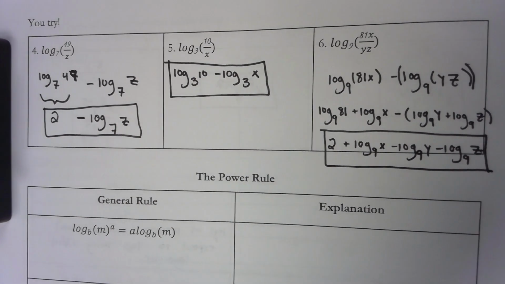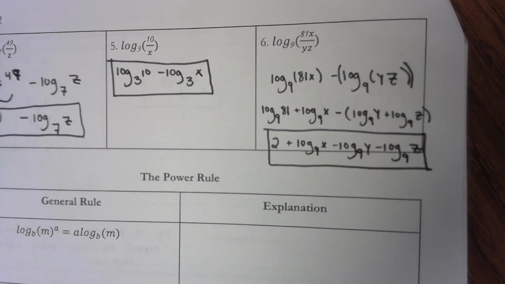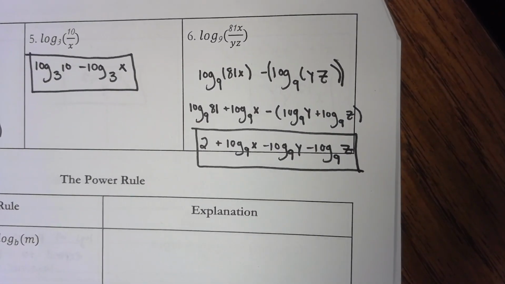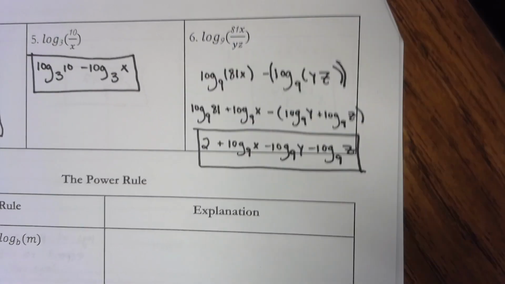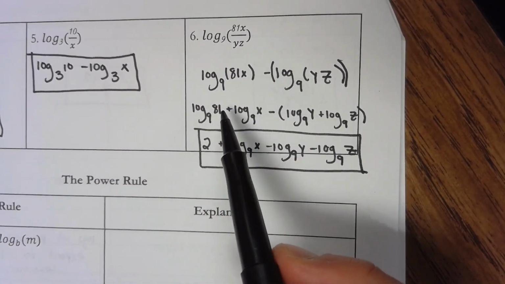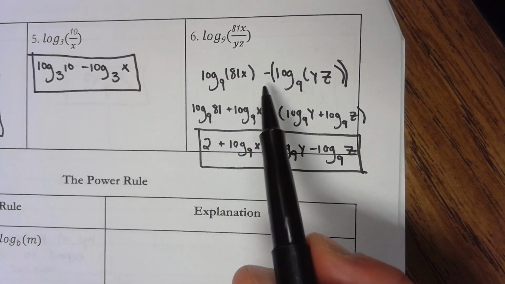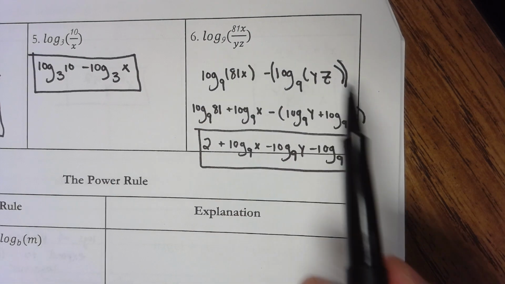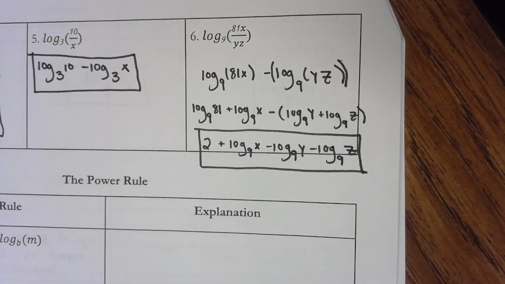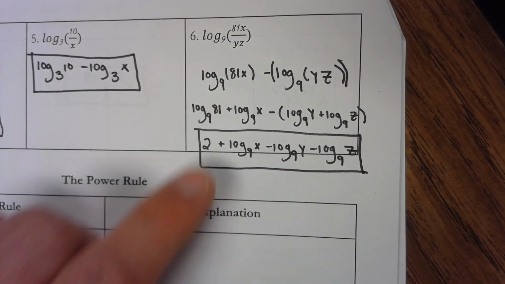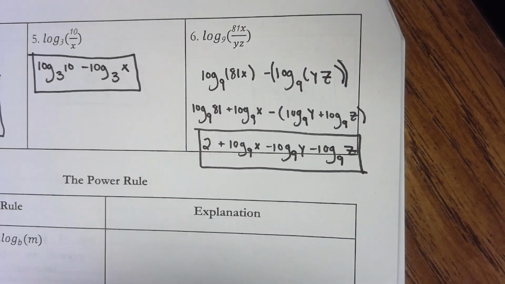Now on 6, like I've already kind of given you a hint on, there are 4 different things we're taking the logs of. The first thing that I deal with is the quotient part. So I'm taking log base 9 of 81 times x and subtracting that from log base 9 of y times z. Now, there's still more expanding that can be done here because now I'm taking the logs of products.